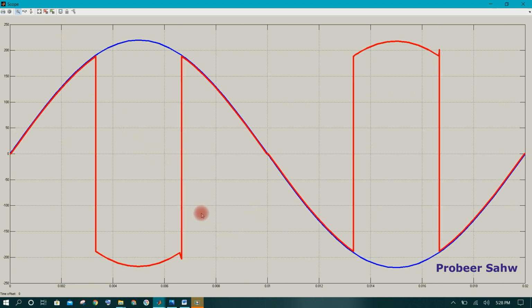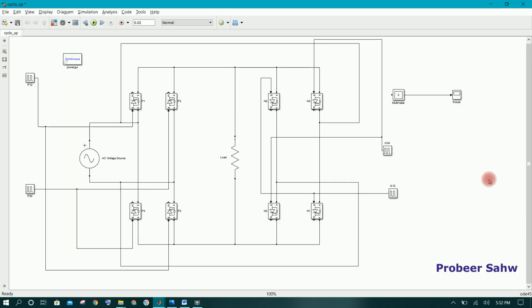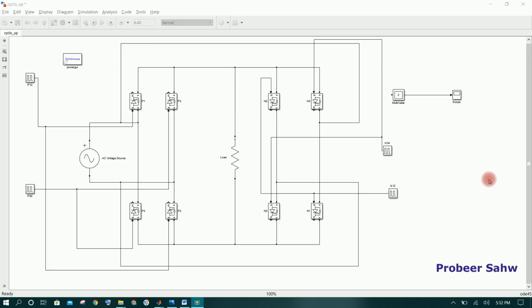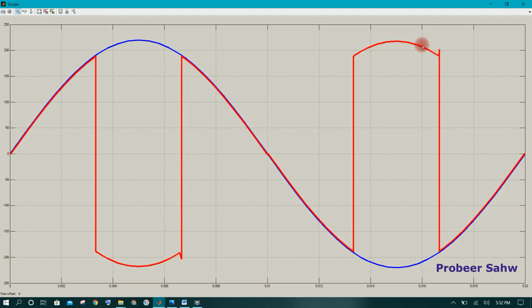Now we can see in red the output, which is one cycle, two cycle and three cycle. Sorry, in blue color we have the input, and in red color we have the output. So we can see the output is properly obtained.